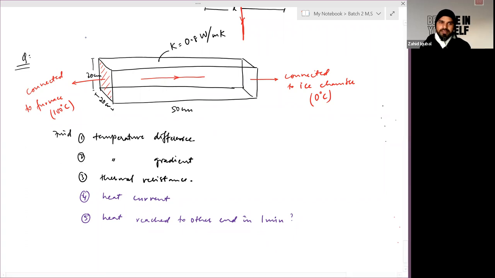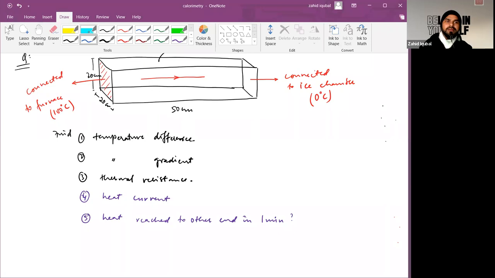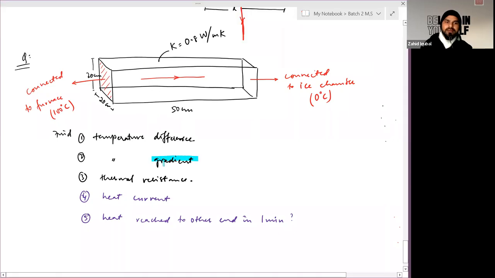Just send me the answer if you have solved. Nara, what do you mean by temperature gradient? Or simply, what do you mean by gradient?